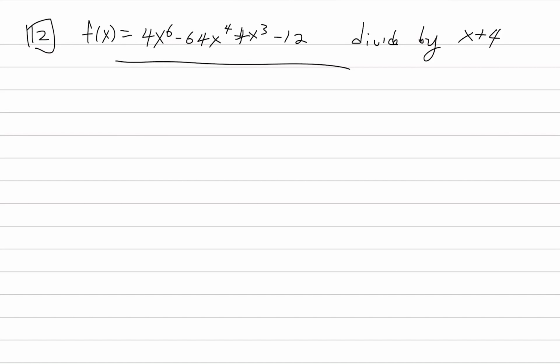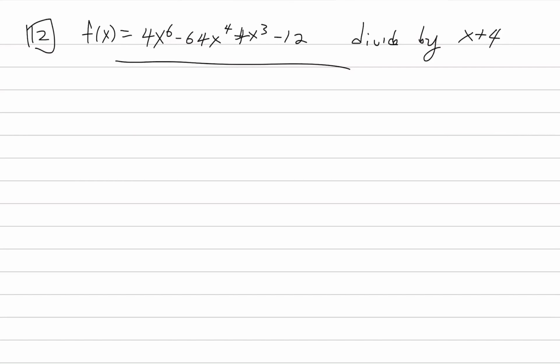So f of x that is given to me is this, and divide by x plus 4. So the question is asking what would be the remainder, and it also asks a yes or no question: is x plus 4 a factor of this function, right?